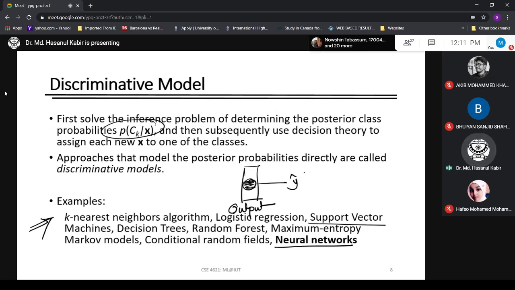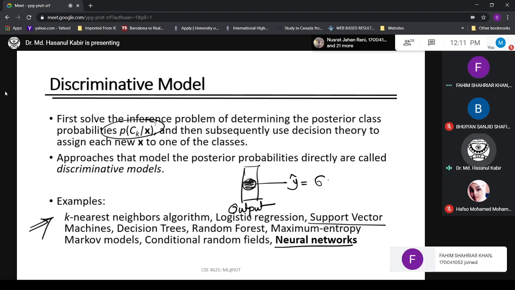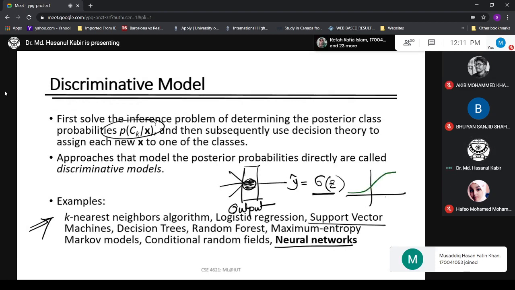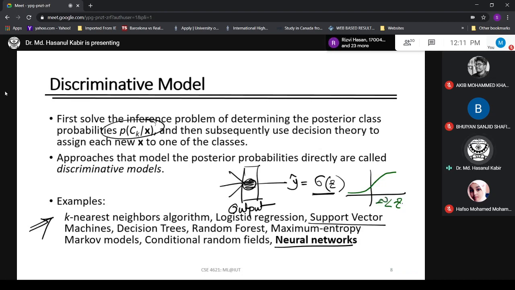In order to get the predicted outcome, we have used the logistic function, sigmoid of z. Whatever the input we have in this node z, if we apply this sigmoid function, the sigmoid function becomes something like this. The values of z go from minus infinity to plus infinity.